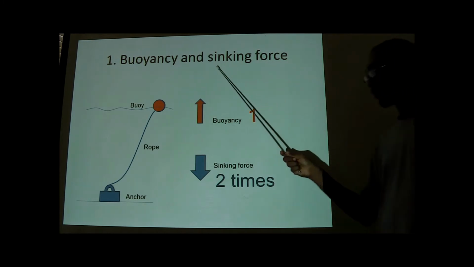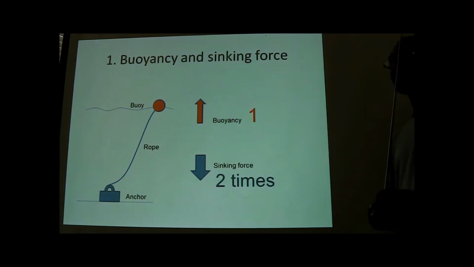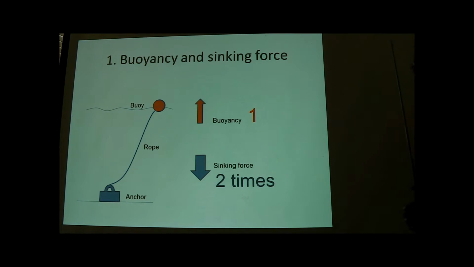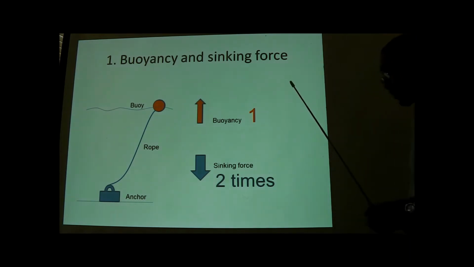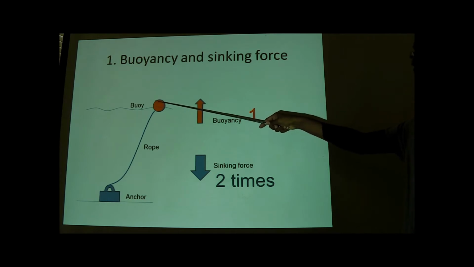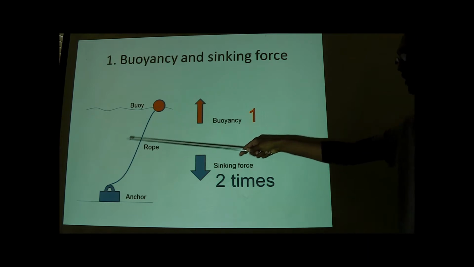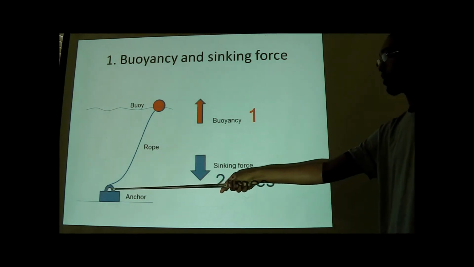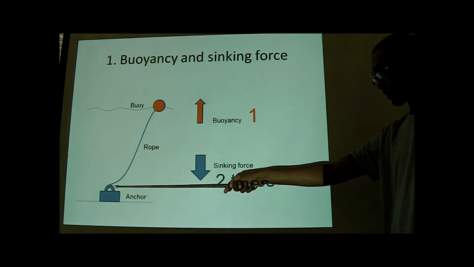Buoyancy and sinking force. This is very vital and critical to the survival of the FAD, because the relationship between the surface buoys, which is on the head, and the anchor is of paramount importance.